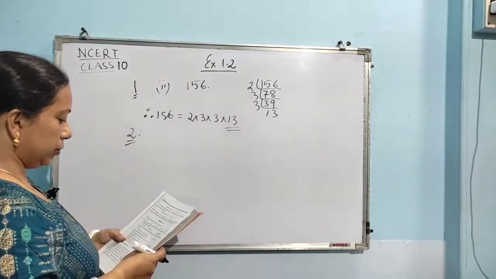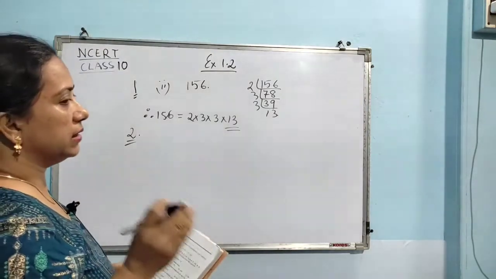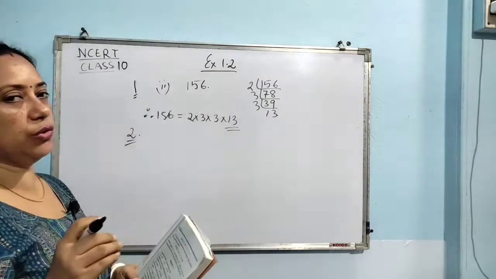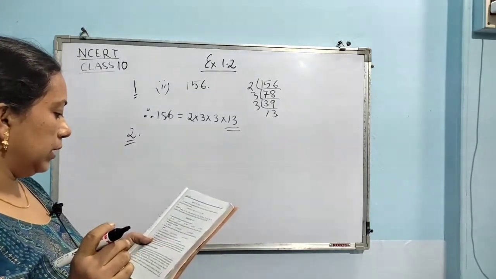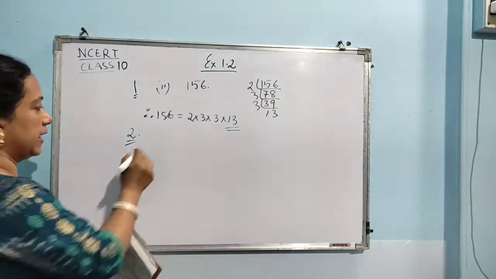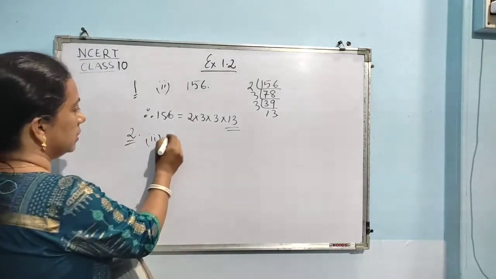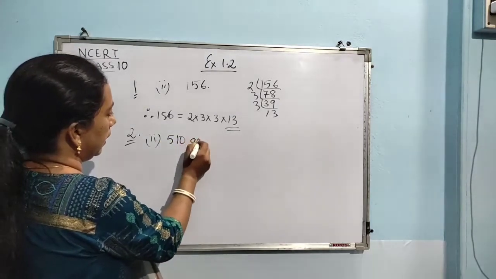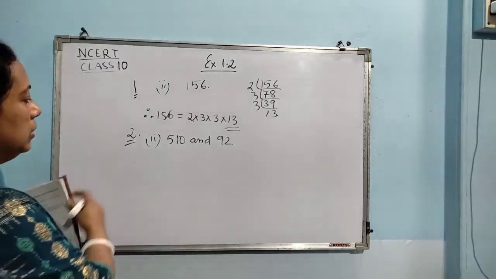Now let us move on to the next question. The second question is: find the LCM and HCF, and then we have to verify that HCF into LCM is always going to be the product of two numbers. So let me take the second one. That one is 510 and 92. So what we need to verify?